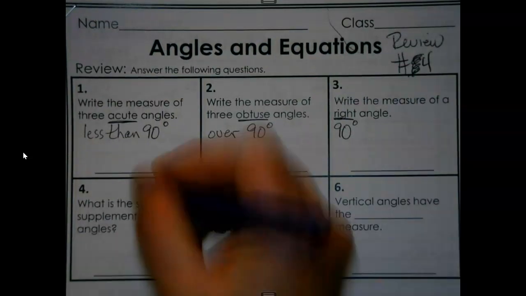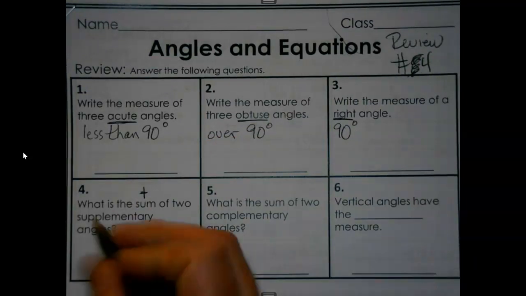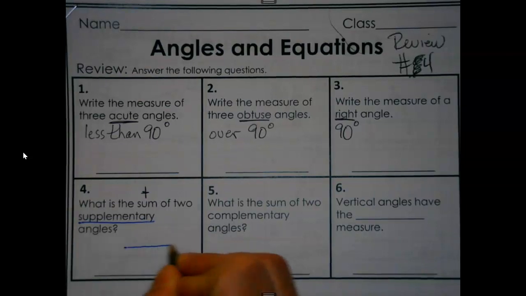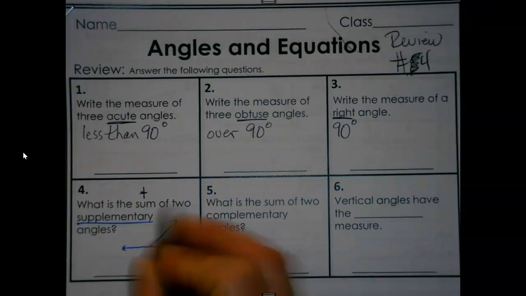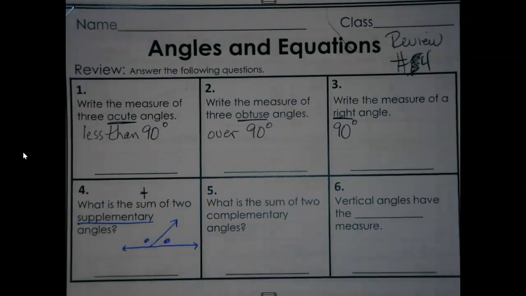So here's where that's also going to lead us into the math part of this. What's the sum when we add two supplementary angles? To give you an idea, if I had these two angles that I'm making dots with, what would they add up to if they make a straight line?